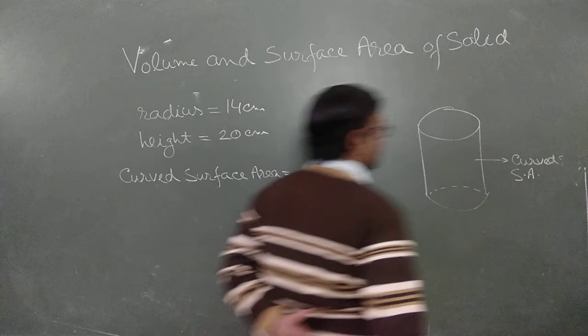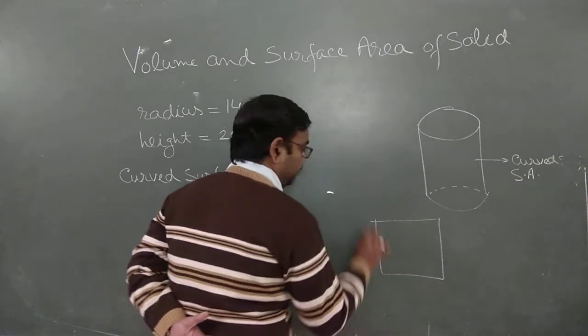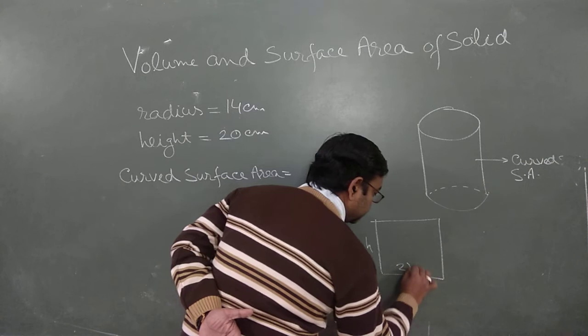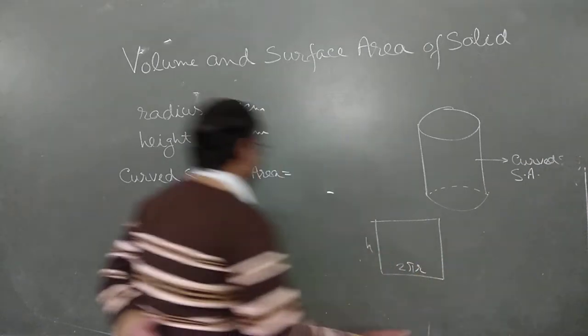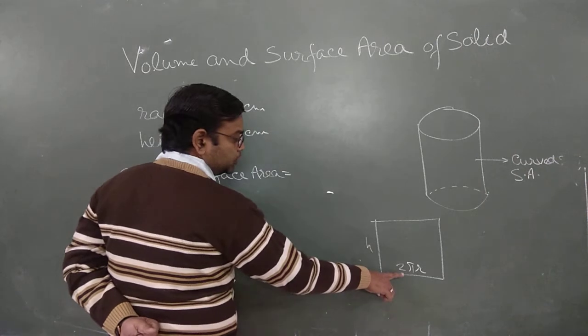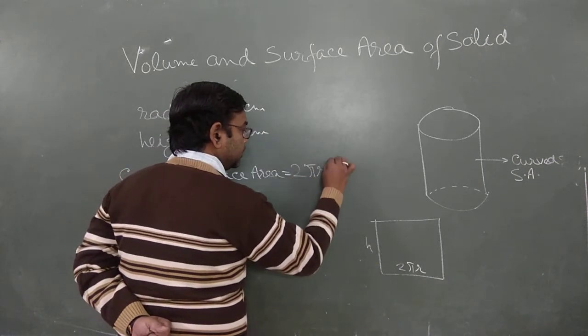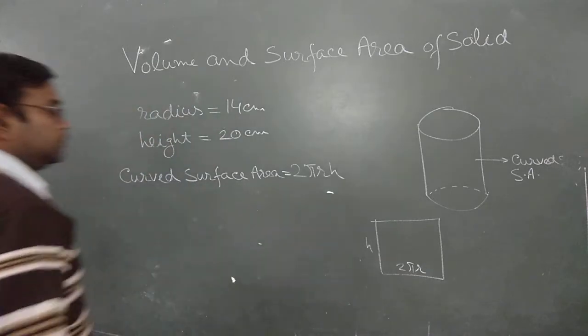As I told you in the figure, this is in rectangle form, this side is h, and this side is your 2 pi r. So curved surface area, we use length into breadth, is 2 pi r h. This is your curved surface area.